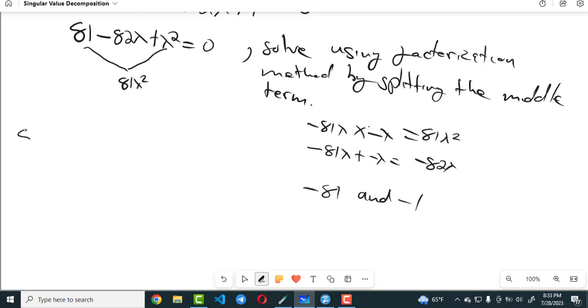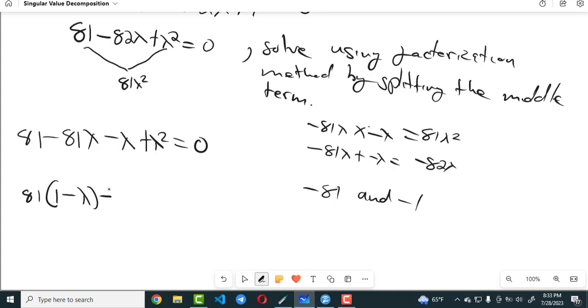So here we are saying 81 minus 81 lambda minus lambda plus lambda square equal to 0. Now let us factorize 81, then 1 minus lambda. We factor out negative lambda, which gives us 1 minus lambda, which is nothing but 0 here.